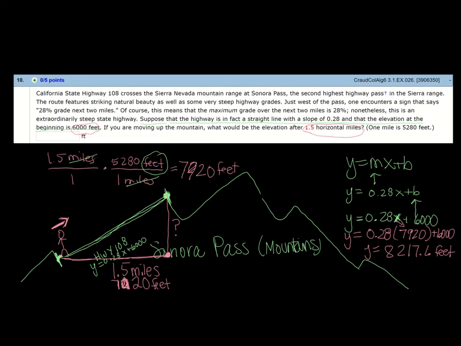I don't see any sort of restrictions on rounding or how many decimal places they want. So if it was me, I would go ahead and just put in that entire value. There is a little rounding tolerance built into the problem in the answer bank, but I would go ahead and just leave it with that one decimal place there.